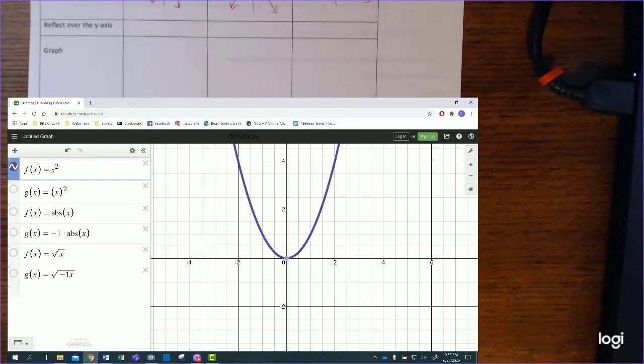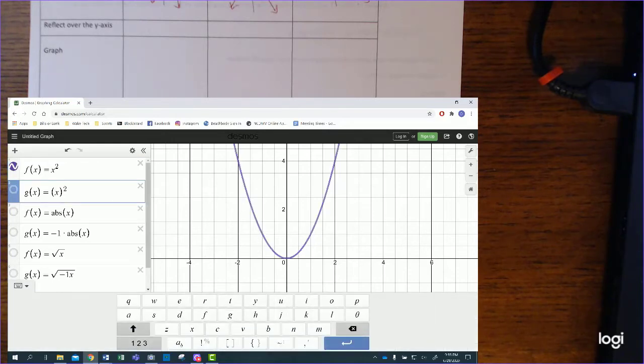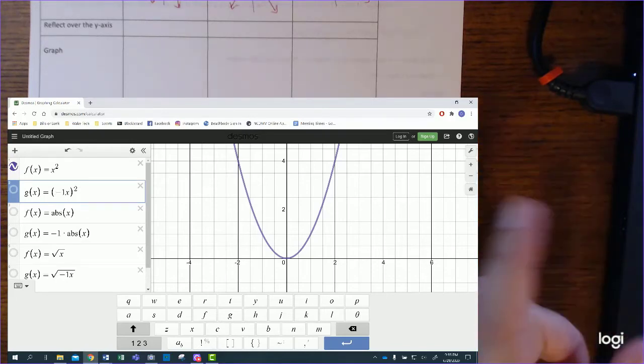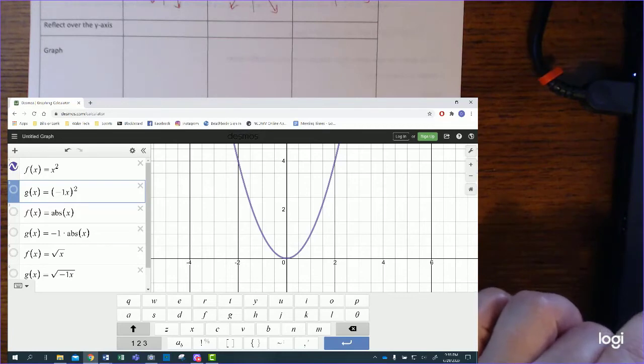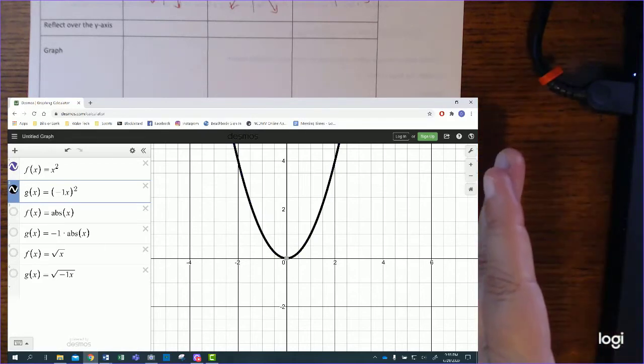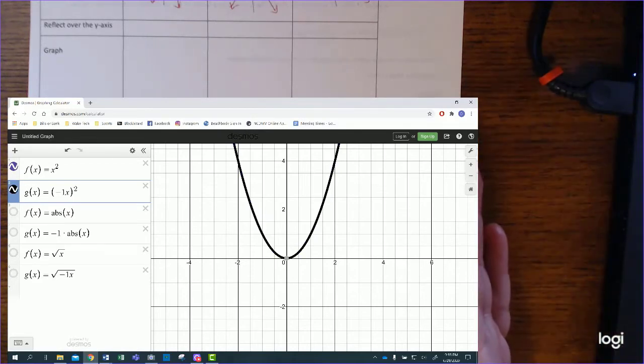So when I do what I learned from the square root function and multiply -1 times x inside the function and then square it, see how it's inside? It's not going to show up because the x squared function is already symmetrical about the y-axis.